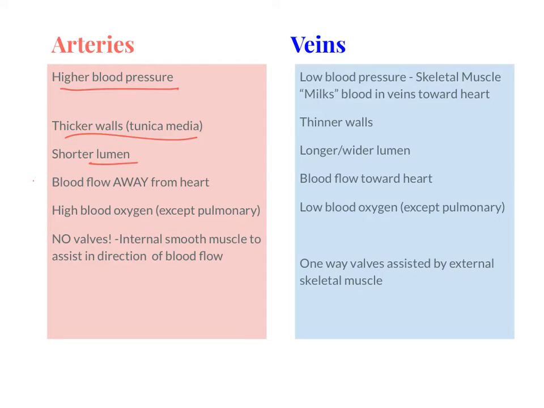They have a smaller lumen, which means they don't have as wide of an opening inside. They go away from the heart. Almost all of them carry blood that's high in oxygen, except for the pulmonary arteries, which take the blood to the lungs. And there are no valves in arteries. Instead, there is that internal smooth muscle in the middle layer, the tunica media, that helps to assist the direction of blood flow.